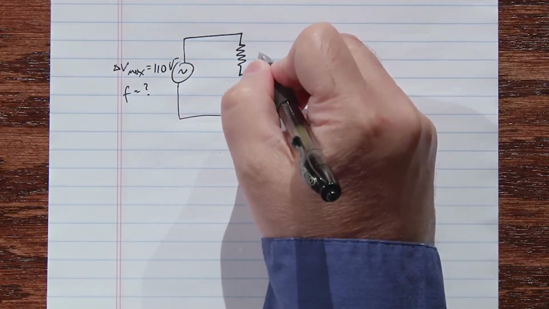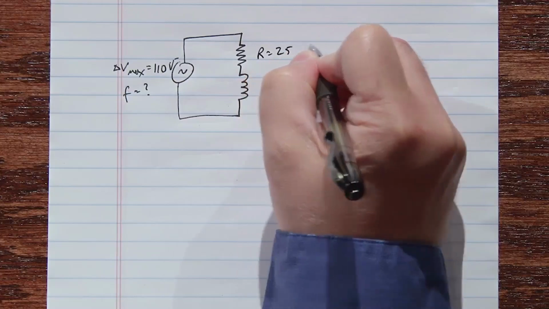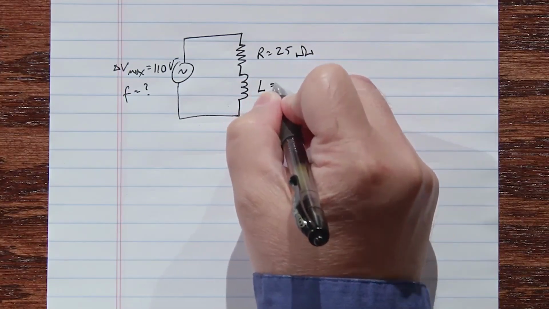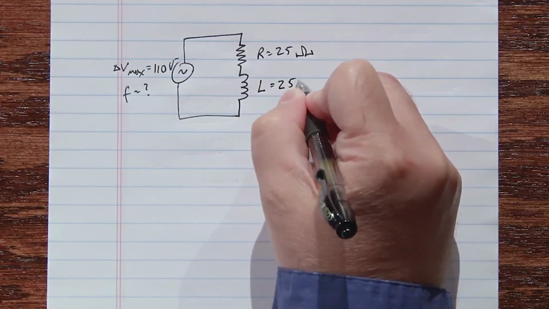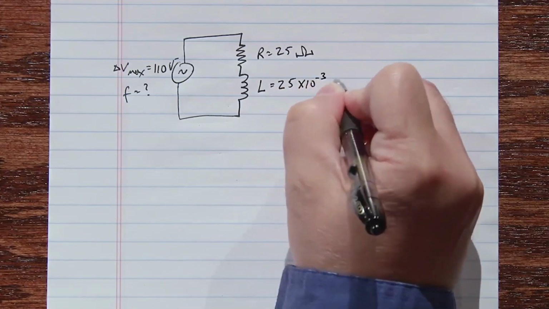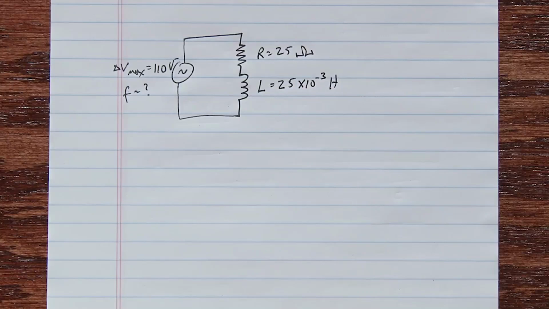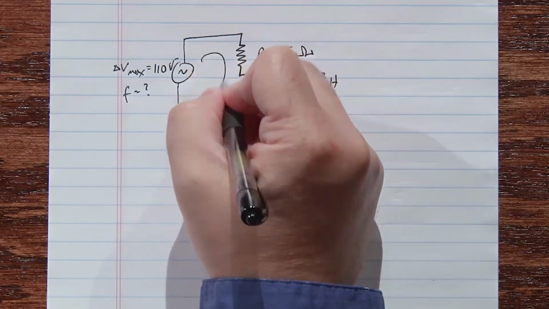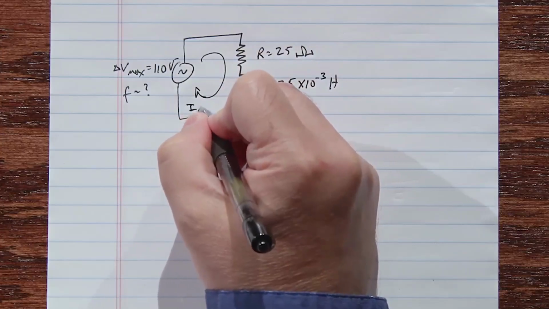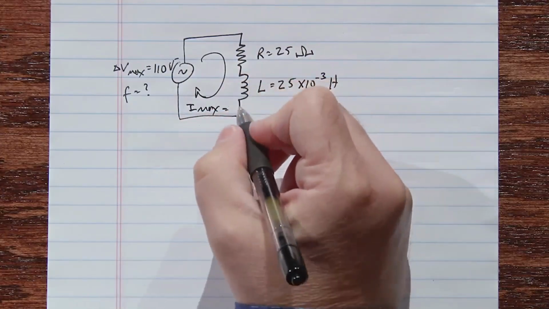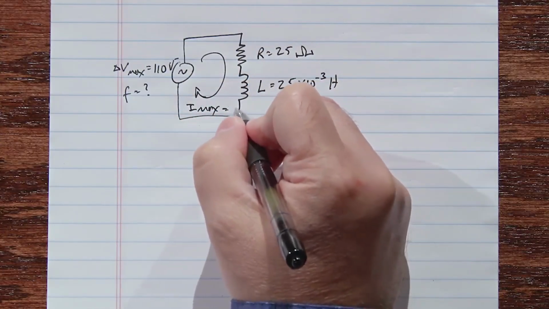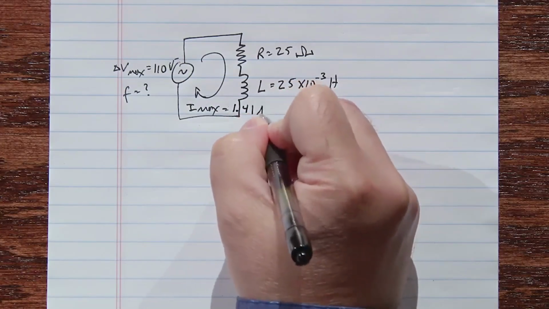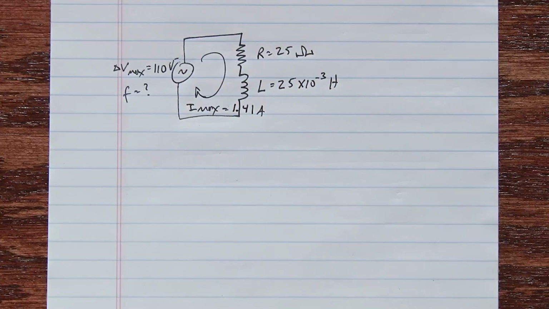The resistance is 25 ohms, and the inductance is 25 millihenries, or 25 times 10 to the minus 3 henries. We are told that I max, the maximum amplitude of the current, is 1.41 amperes.